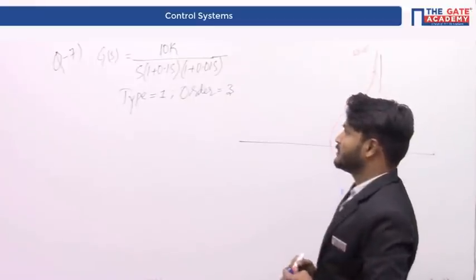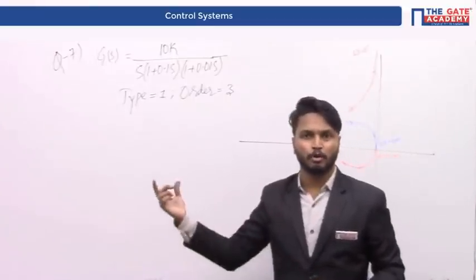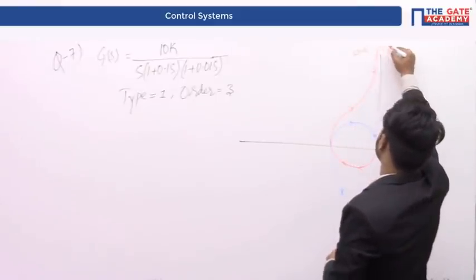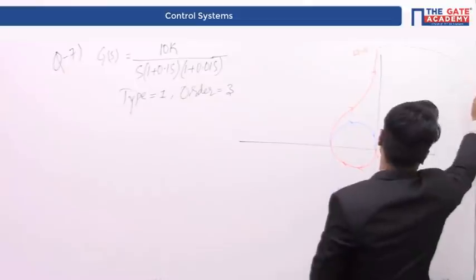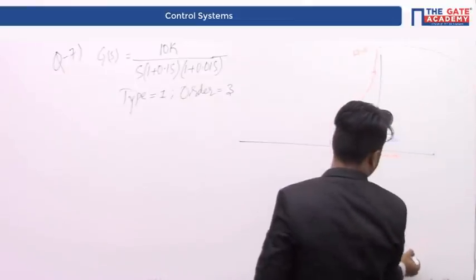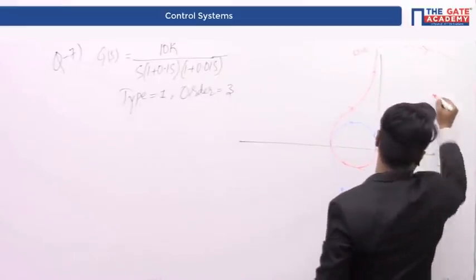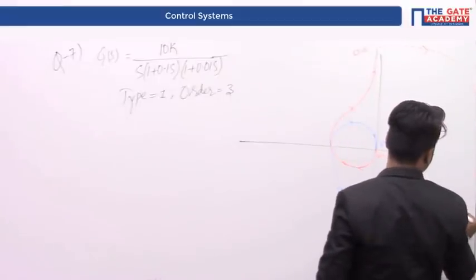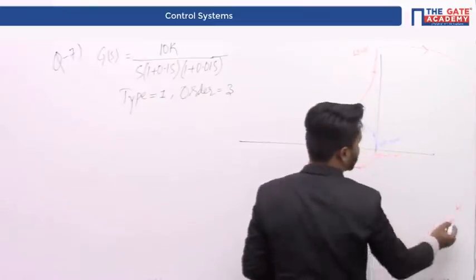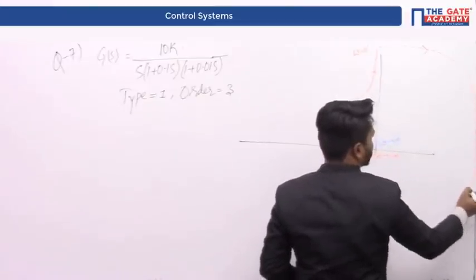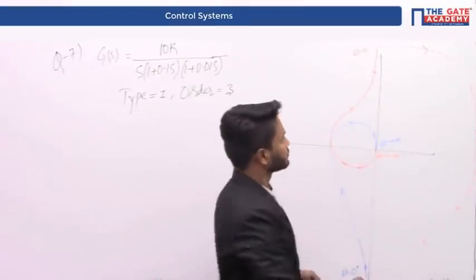As the given system is an all-pole proper transfer function, the Nyquist plot is going to encircle the entire right half of S plane in clockwise sense, like this. So it is going to encircle the entire right half of S plane in this manner.